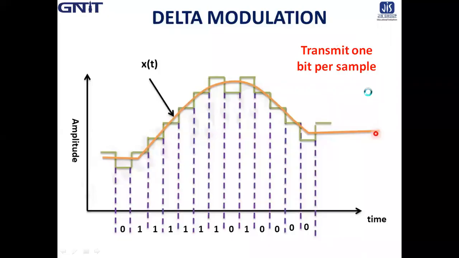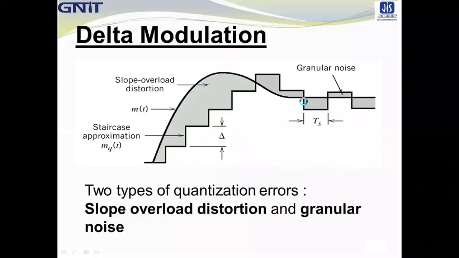Now the question is, are there any disadvantages of delta modulation? Yes, two disadvantages are present. One is called slope overload distortion and the other is called granular noise or idle noise distortion.